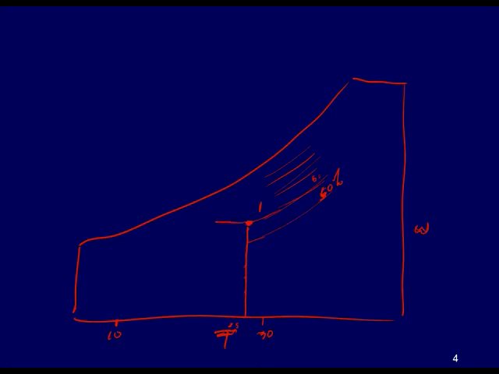We'd cool that air at constant absolute humidity, because there's no reason for the amount of water in the air to change until it becomes saturated. When it reaches its dew point, right here, we have to follow the saturation line, and as we follow the saturation line, water drops out.